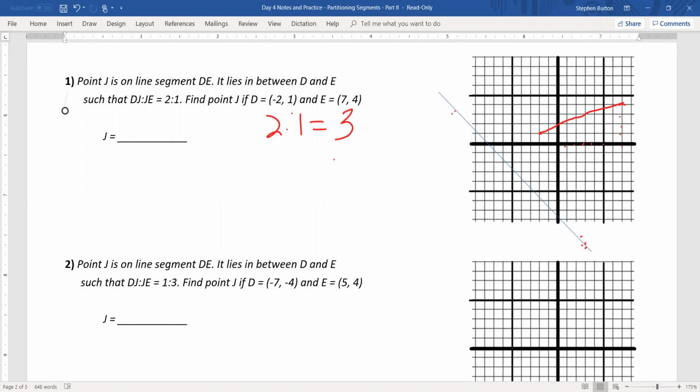How many X values, or let's start with Y over X. How many Y moves do I have to get to go from D to E? 3. Just 3? Wow. So I'm at a 1, so 1, 2, 3. Nice. Okay, what about my X? 9. 9?